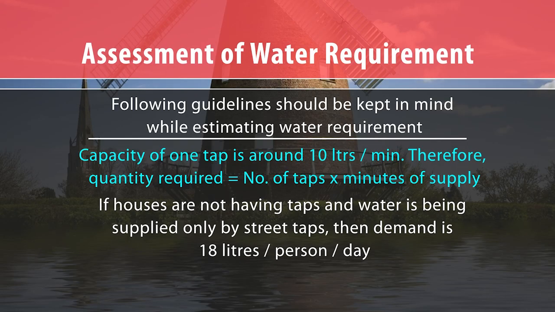Capacity of one tap is around 10 liters per minute. So the quantity required is equal to the number of taps into minutes of the supply. If houses do not have taps and water is supplied only by street taps, then demand is 18 liters per person per day.